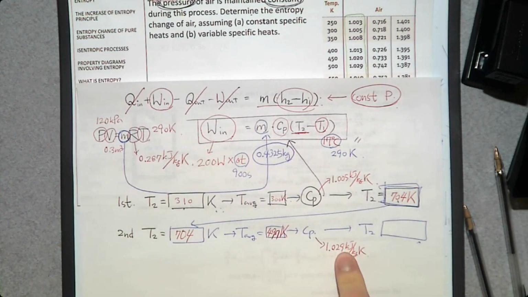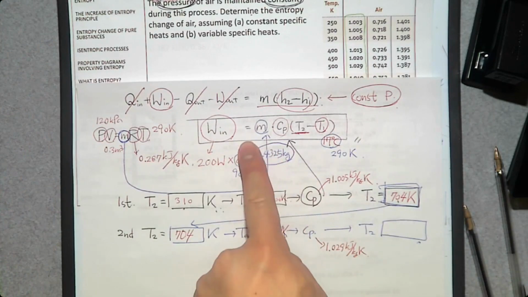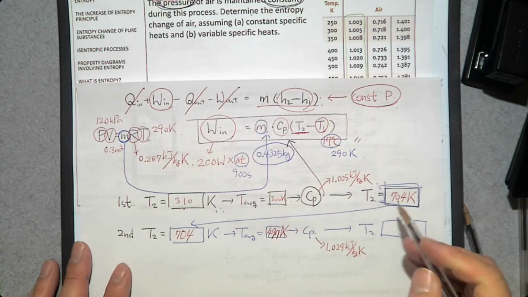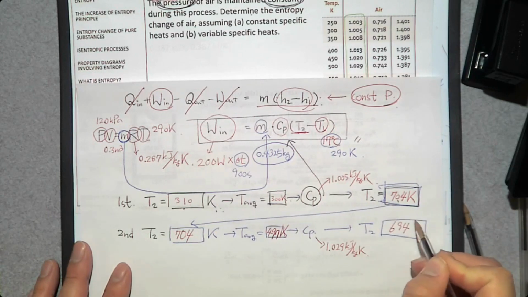Then, using this specific heat, we are going to solve this energy balance equation one more time. We have 200 times 900, divided by 0.4325, divided by 1029, and we get 404 plus 290, and we get 694 Kelvin.